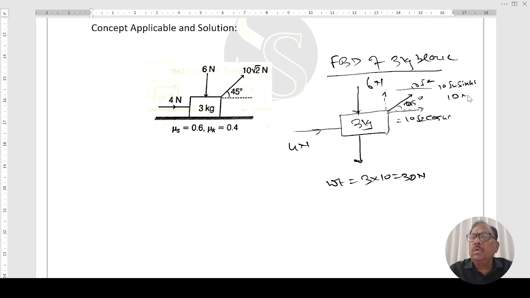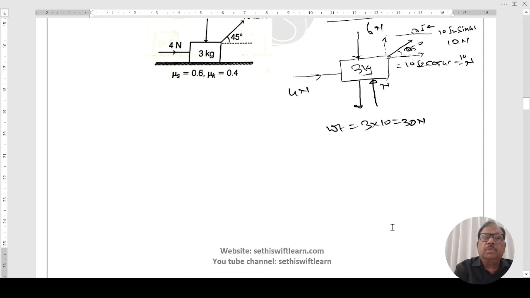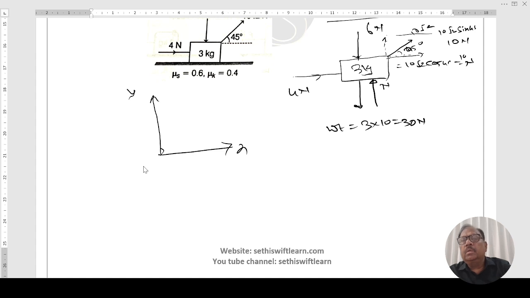That is 10 Newton, 10 Newton here, 10 Newton. Cos 45 is 1 by root 2, root 2 cancels out. And what will be the contact force? That is normal. This is the x-axis, this is the y-axis, right?